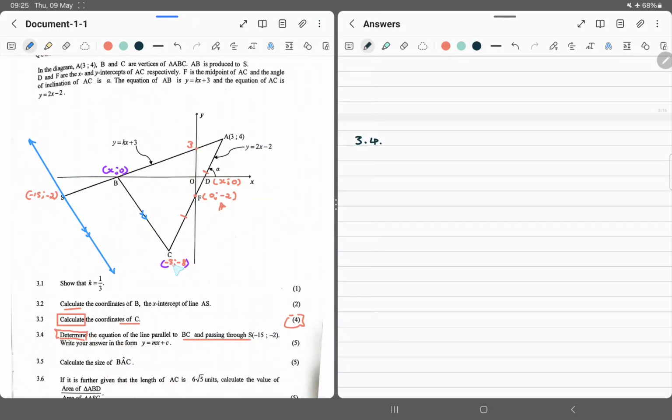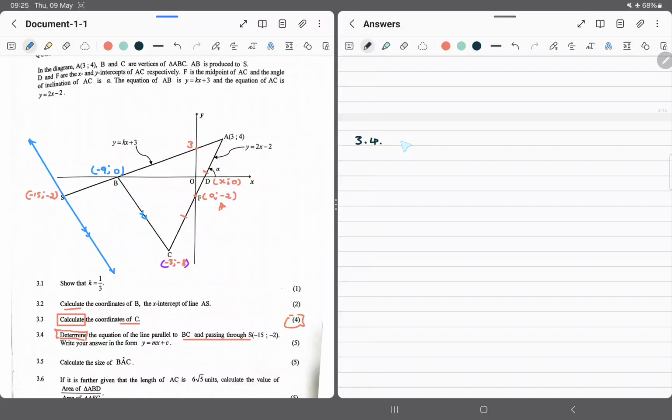Now we've got the coordinates of B, which we found out it's going to be minus 9 and 0. I don't know why I did not update, because it's always nice to do that. So this is minus 9 and 0. So we have got 2 coordinates on BC now, so we can find that gradient and then use the point S to find that equation. So it's fairly simple, it's a standard question.